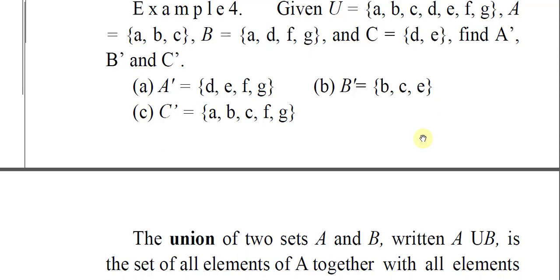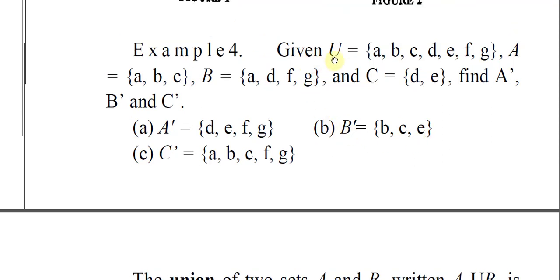Example number 4. Given U, set A, B, C, D, E, F, G, set A, set B, and set C, find the complement of A, the complement of B, and the complement of C. So we have as the universal set this U set containing 7 elements.